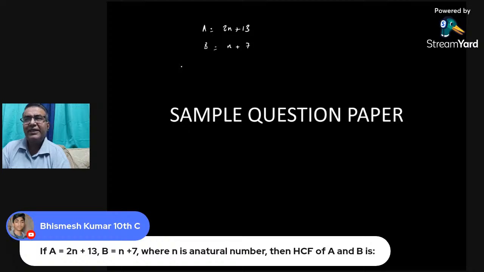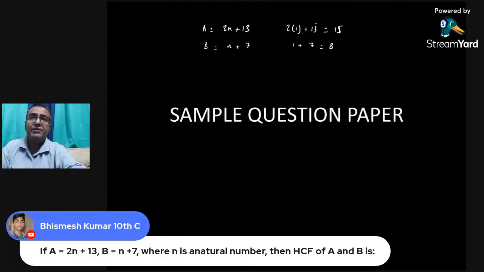Now let's take some examples and think of what these numbers could be. Since n is a natural number, what happens to the two numbers if n is equal to 1? We get 2 times 1 plus 13, which gives us 15, and 1 plus 7 is 8, so we have 15 and 8.